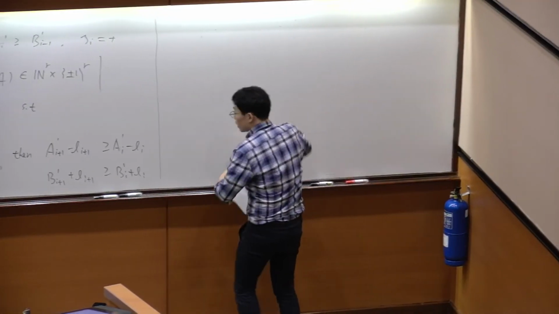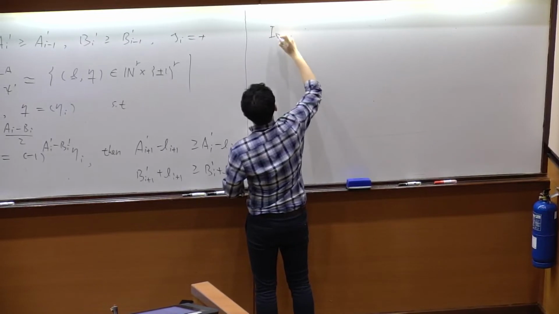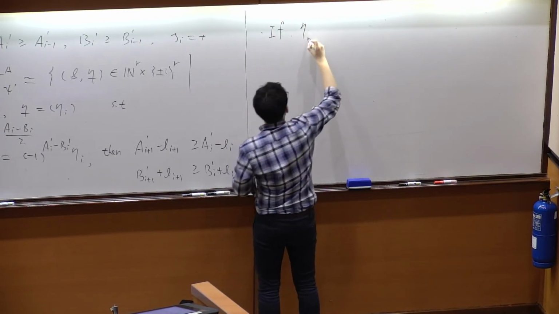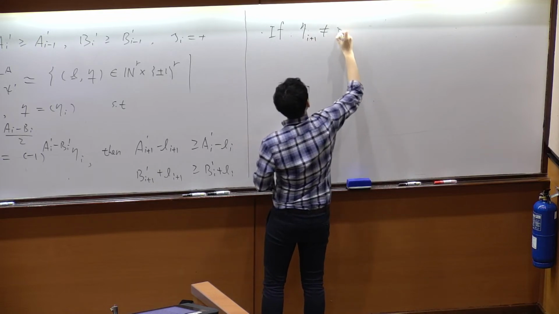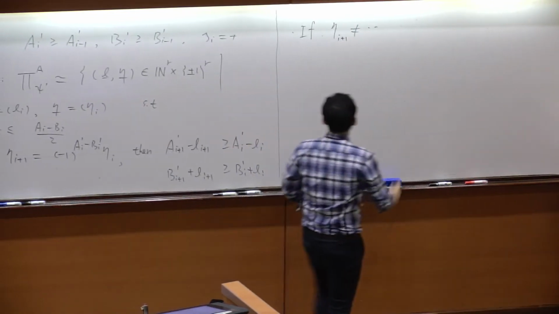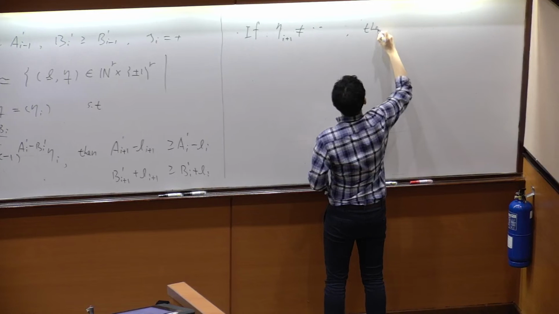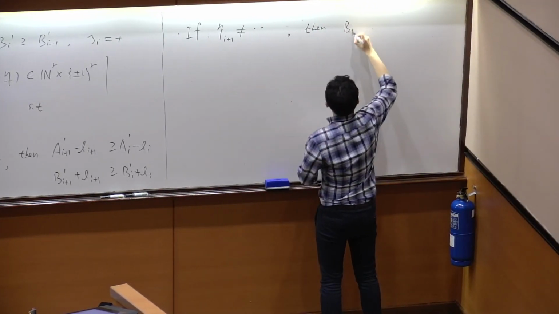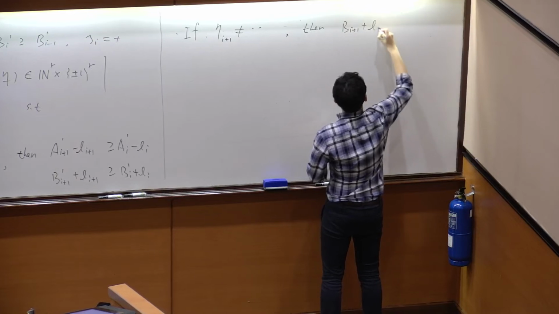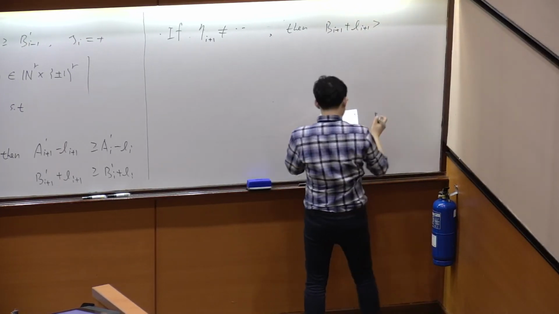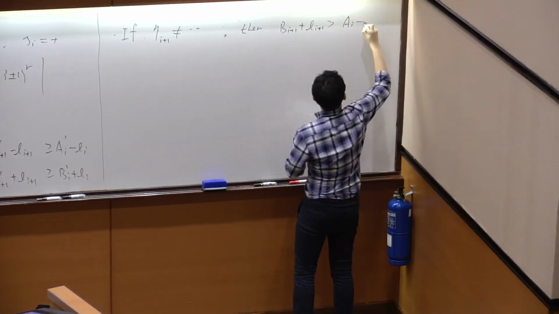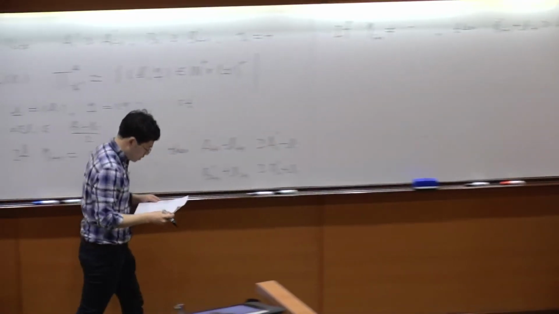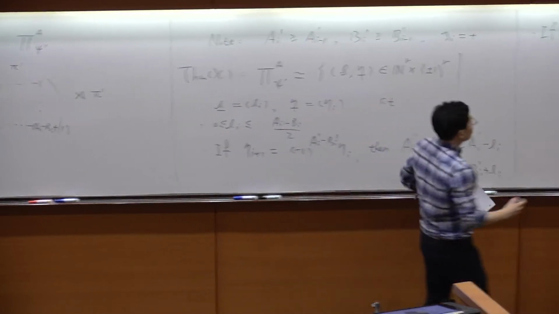And so if we have these two signs not equal, then we have a condition that this B_(I+1) plus A_(I+1) is strictly bigger than this A_I minus L_I. And then we have some sign conditions.